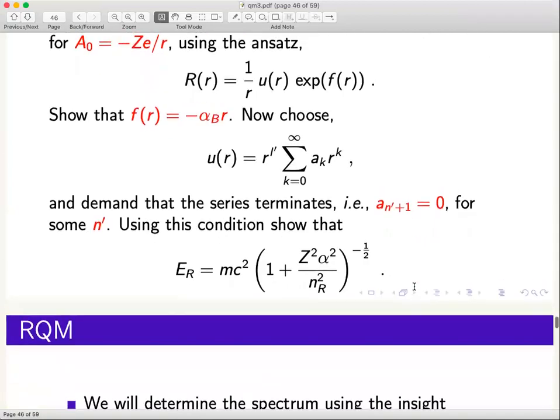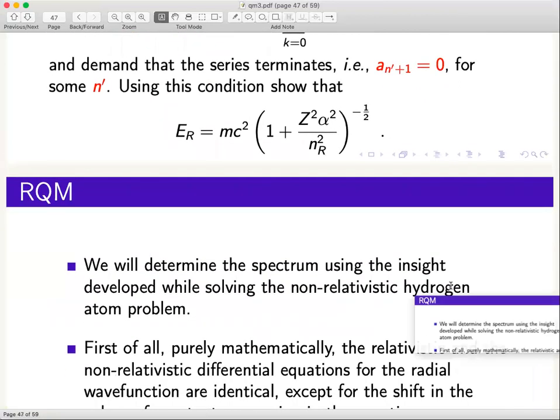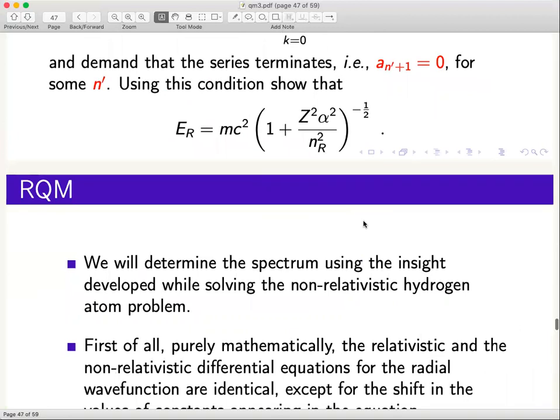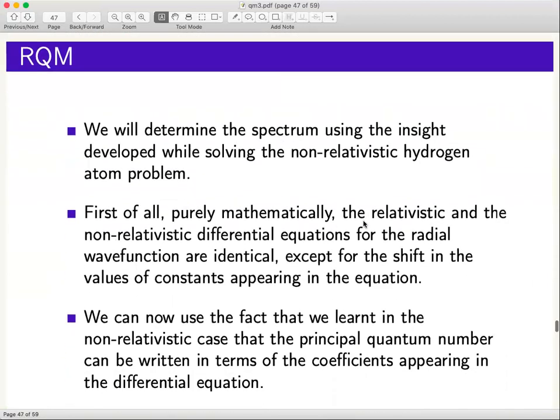Okay, fine. What we will do is we'll use a different method. We will use whatever insight that we developed from the non-relativistic problem, and since the differential equation has the same form, we'll use that insight to determine the spectrum of the theory.